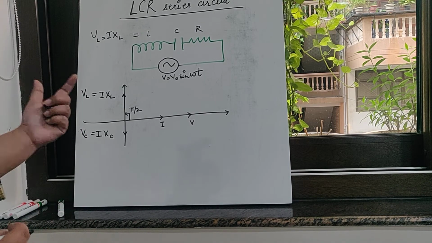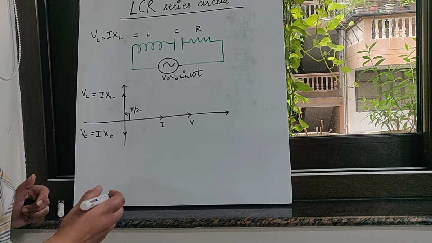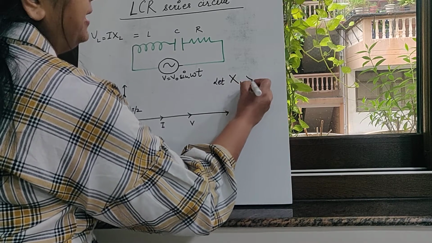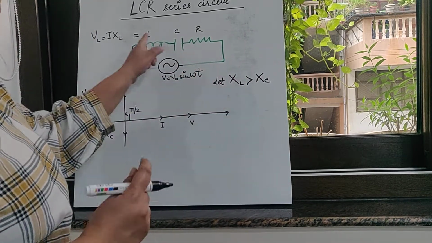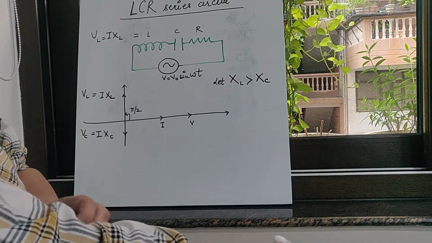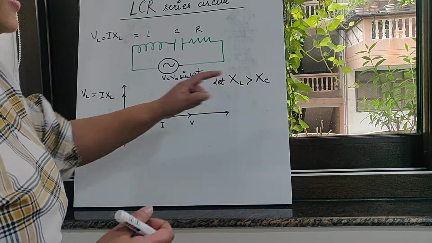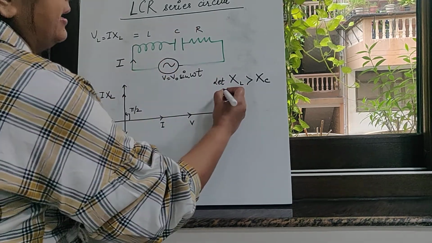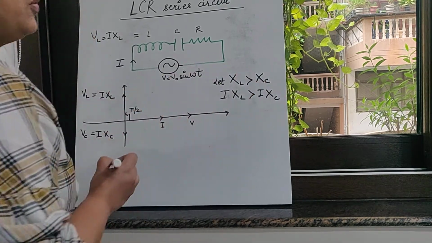Now, in this circuit, just for solving it, we can assume that XL is greater than XC. That is, the reactance offered by the inductor is more than the reactance offered by the capacitor. If I is the current flowing through the circuit, then I into XL will be greater than I into XC.